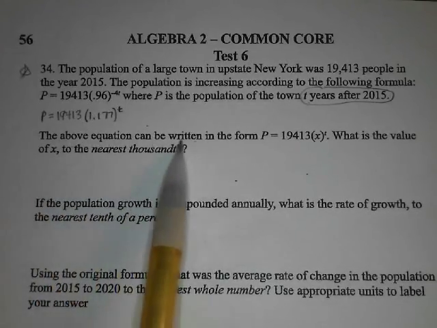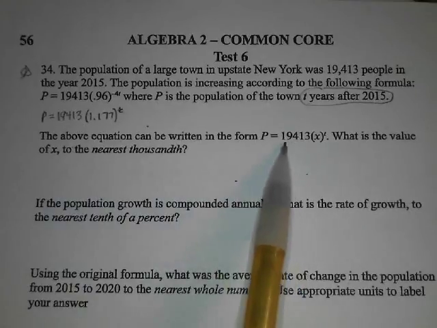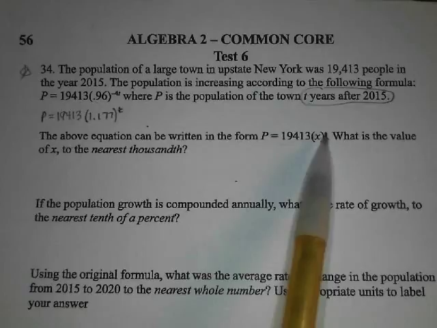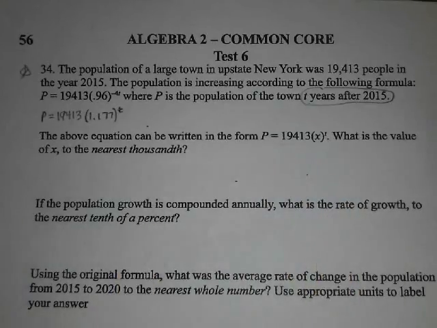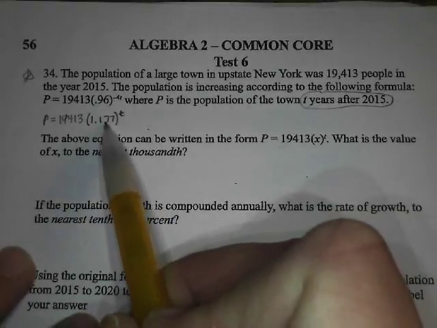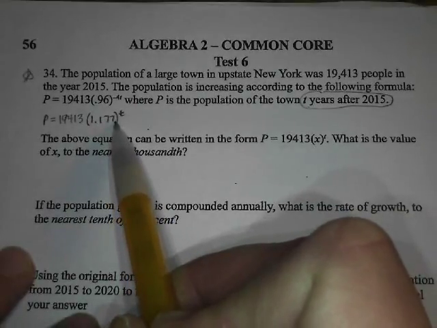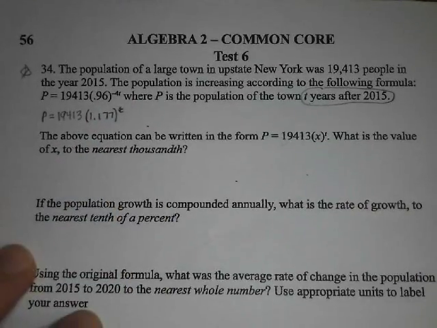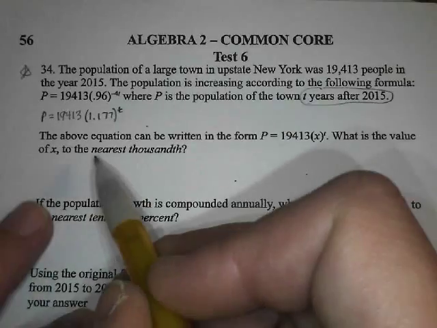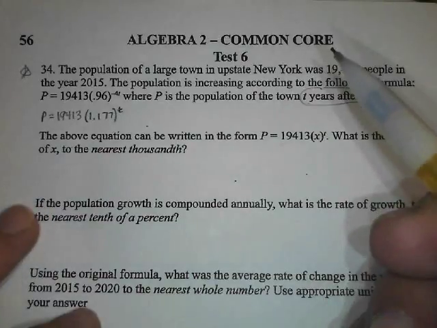The above equation can be written in the form P equals the same starting population times x to just the t power. What is the value of x to the nearest thousandth? Tenths, hundredths, thousandths. And I obviously just happened to round to the nearest thousandth already. So x equals 1.177.